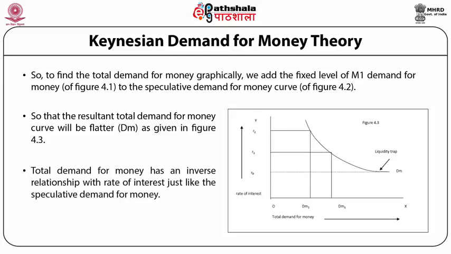The total demand for money at OR2 is ODM2. This total demand for money is obtained by adding the transaction demand for money to the speculative demand for money, that is, adding OM1 prime in figure 4.1 to OM2 prime in figure 4.2. Total demand for money has an inverse relationship with the rate of interest, just like the speculative demand for money.